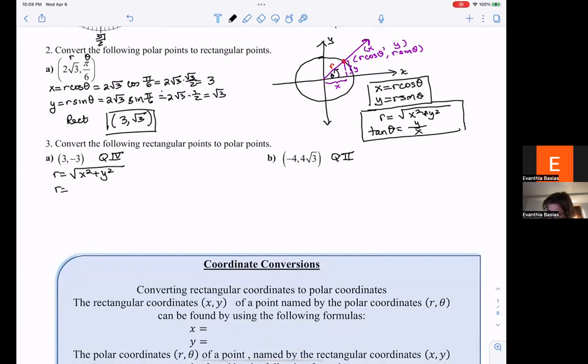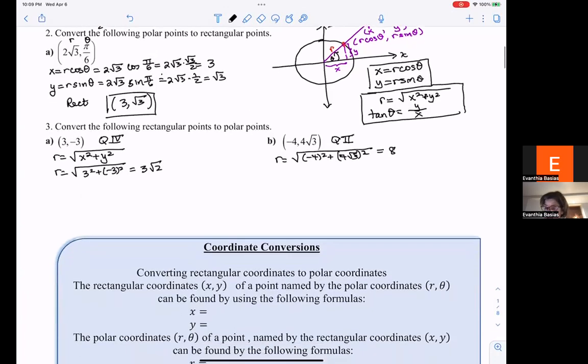In this case, it's the square root of 3 squared plus negative 3 squared. Leaving that up to you, the answer comes out to be √18 or 3√2. So that's r here. In the other one, r is the square root of negative 4 squared plus 4√3 squared. Leaving that up to you, the answer is an even 8, and r is 8.